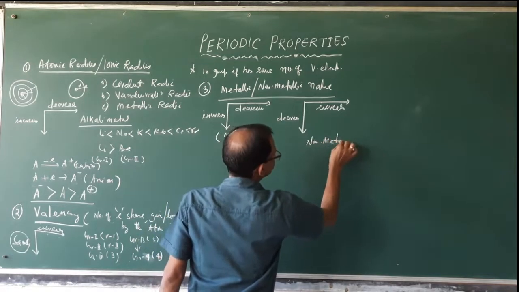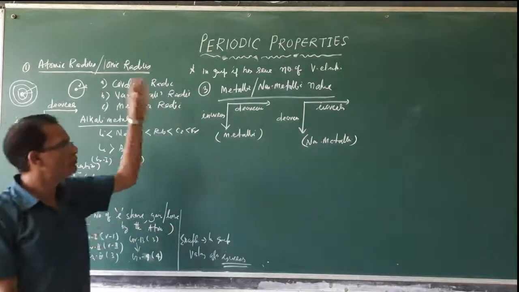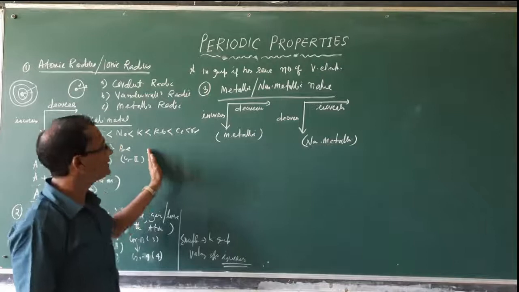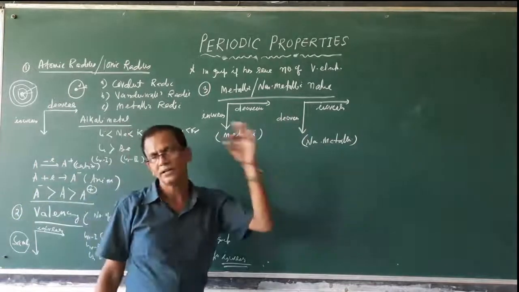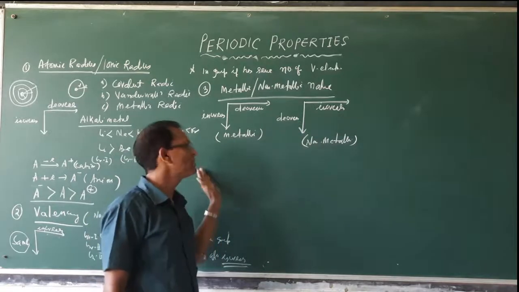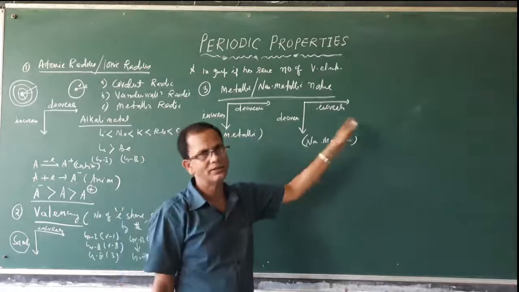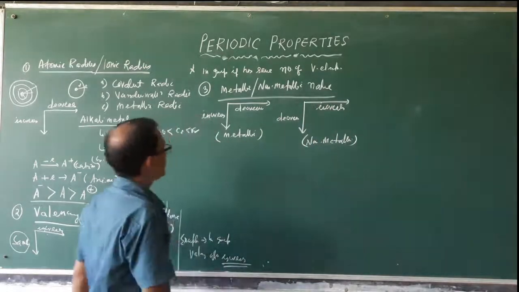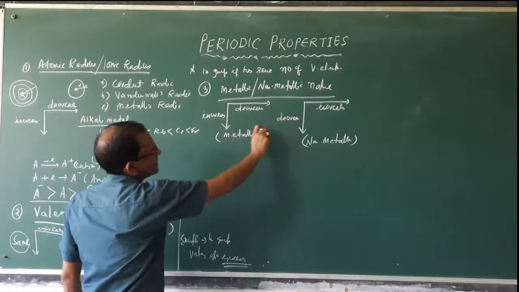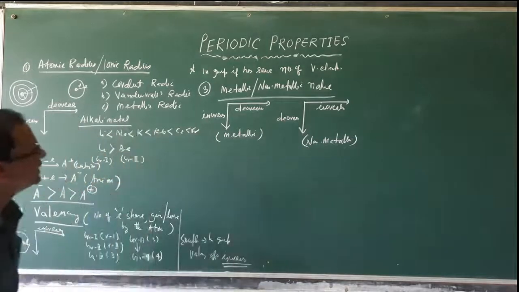So if you study any metals, if they are on the left side, that means more metallic. If they are on the right side, less metallic. If you compare non-metals, on the left side non-metal character will be less. If you go towards the right, non-metal character is more. So metallic character increases down the group and decreases along the period. Non-metallic character decreases down the group and increases along the period. So this is very important.